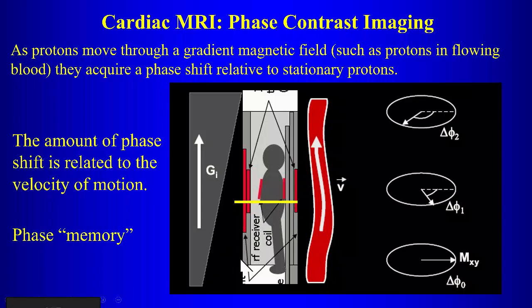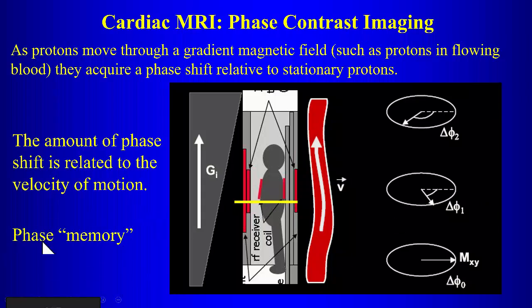So what that means is that this flowing blood will be somewhat out of phase with the stationary tissue within the imaging slice. It turns out that how much out of phase it is has to do with how rapidly it's moving. And so that phase component, how much out of phase it is with the stationary tissue, can be measured. And the degree of out of phaseness is related to the velocity of the blood flow.